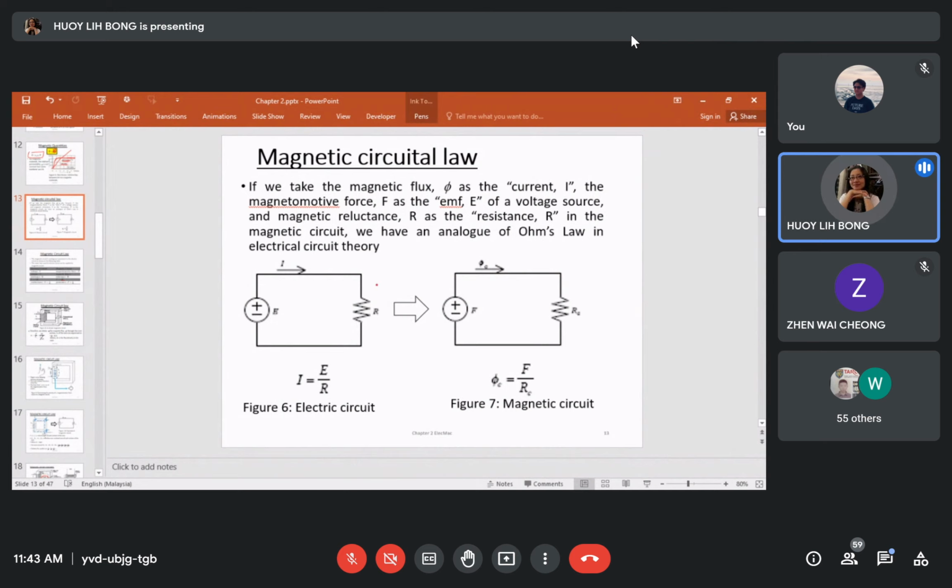For a magnetic circuit, besides representing using voltage, some of the books also represent using a current source.